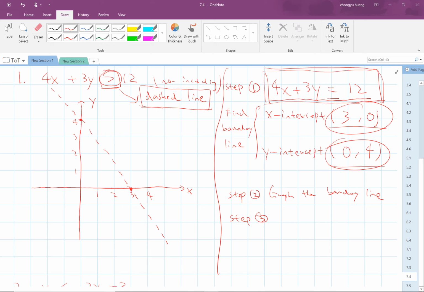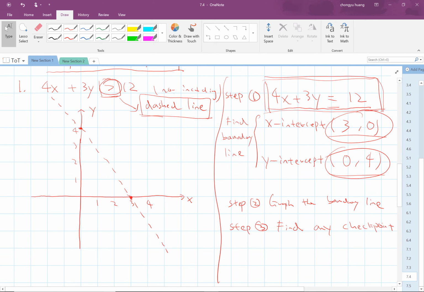More specifically, we need to find any checkpoint. First of all, let's find a checkpoint. The checkpoint I'm going to use over here is 0 and 0.